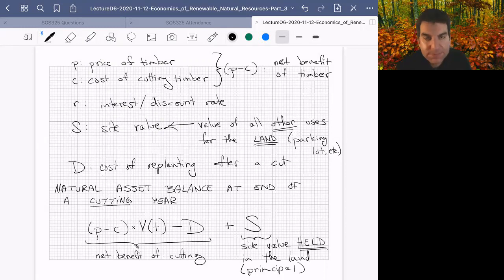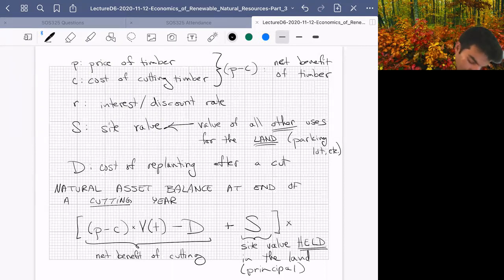And so really what the Faustmann rotation is saying is that if you took that entire balance sheet and converted that into dollars, then at the bank you could earn an interest of R times that.